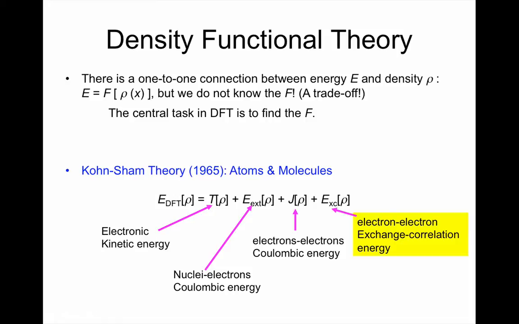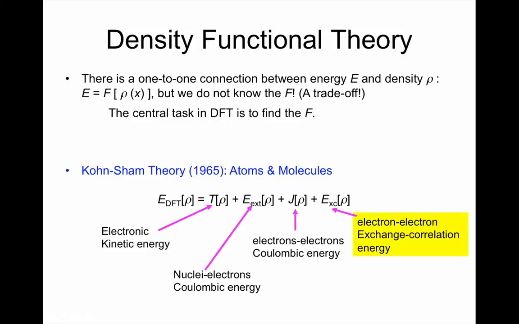Another way of introducing the effects of electron correlation is through the use of density functional theory. And density functional theory is a method that has become extremely popular during the last 30 years or so. What we do in density functional theory is that we shift the focus away from the wave function and instead focus on the electronic density.